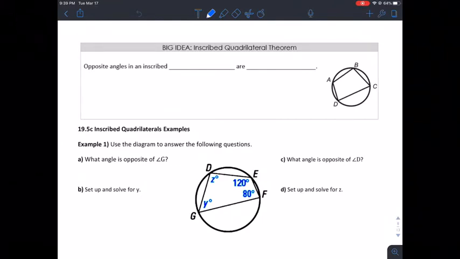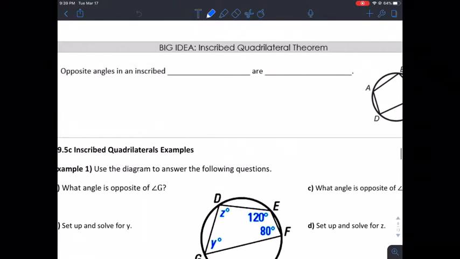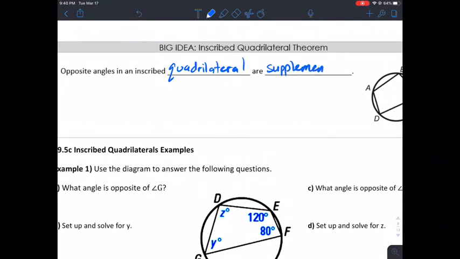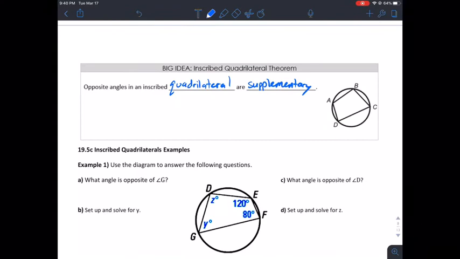So the big idea for this lesson is that opposite angles in an inscribed quadrilateral are supplementary. What that means, when things are supplementary, is that they add up to 180.